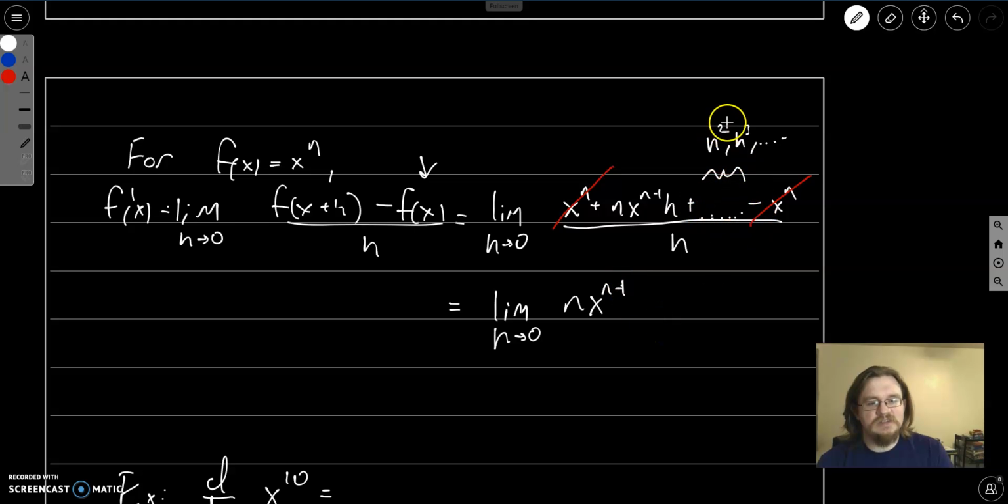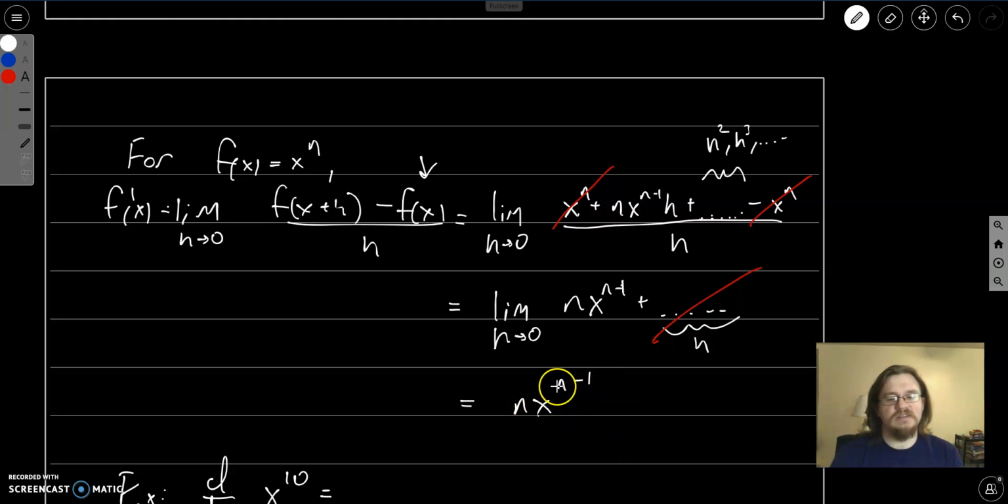And all the rest of these, even because they had an h squared in them, all of the rest of these still have an h. And as h goes to 0, all of these guys cancel out. Maybe I should use red there. All those guys cancel out. And I'm just left with n times x to the n minus 1.